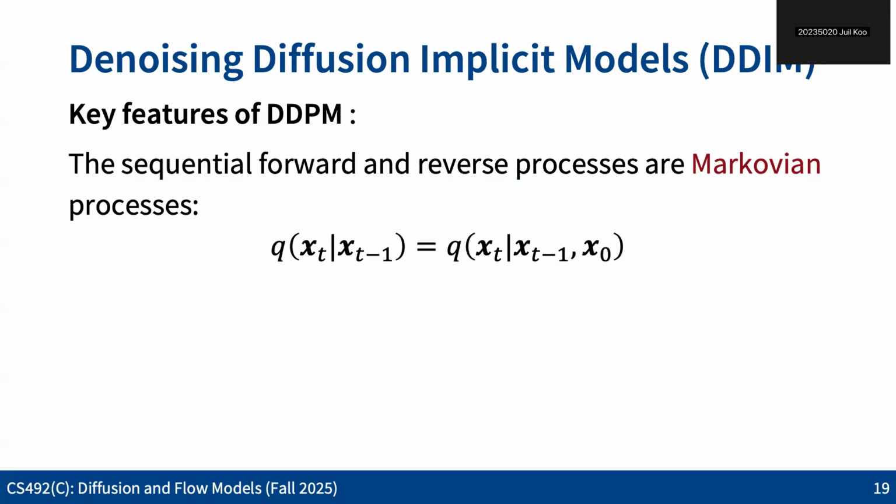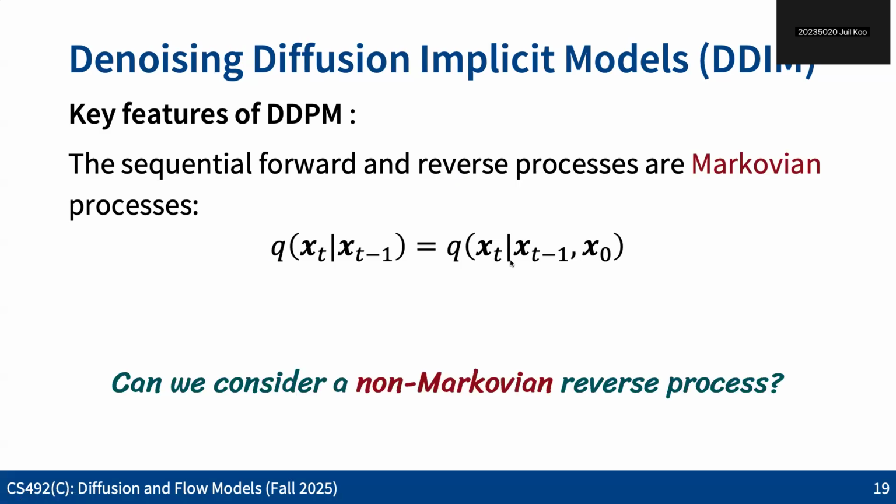And here the key idea is that last time we defined both the forward and the reverse processes as a Markovian process, which means that when we sample xt, conditioned on xt minus 1 and any of the previous states, all these previous states can be ignored because we are assuming that xt only depends on the one right before, basically xt minus 1. So that is our basic assumption in terms of defining the forward and the reverse processes, right?